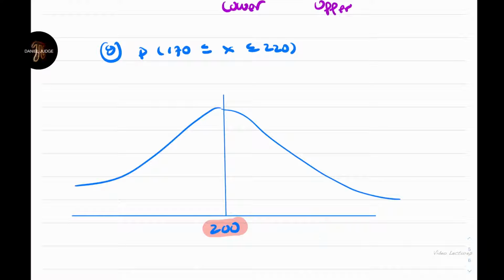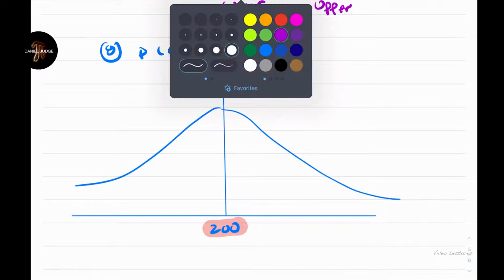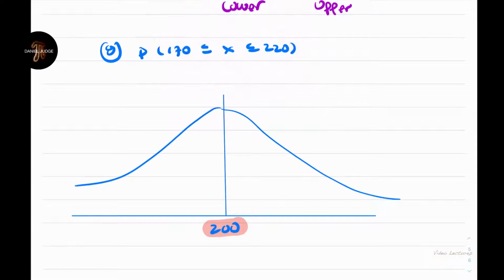The mean still is 200. Standard deviation is the same. But the random variable X, this normal distribution, these ratings are between 170 and 220. So I have to think about where both 170 and 220 live in relation to 200. Now, the lower value here of 170 is smaller than 200, so that's where we will place it.